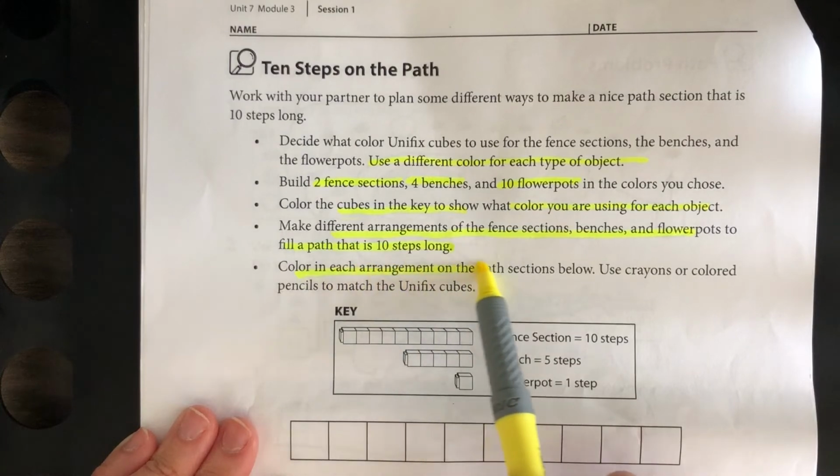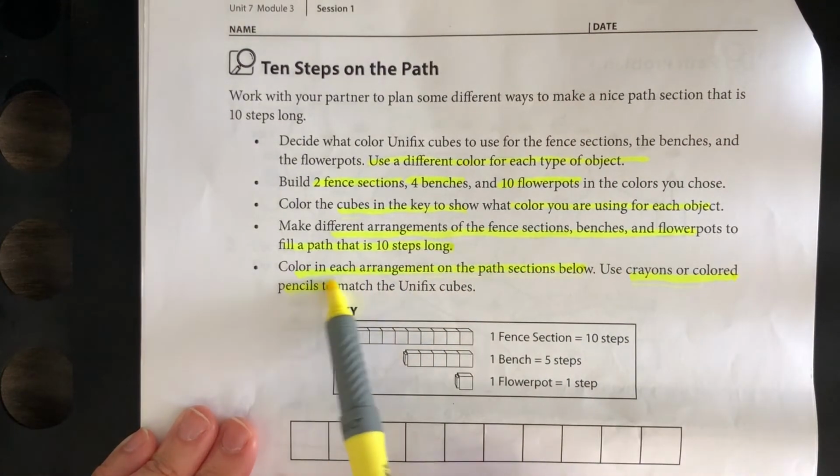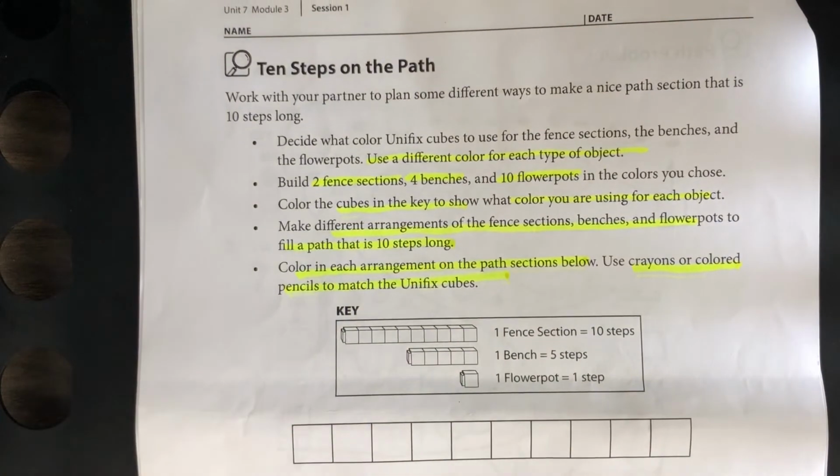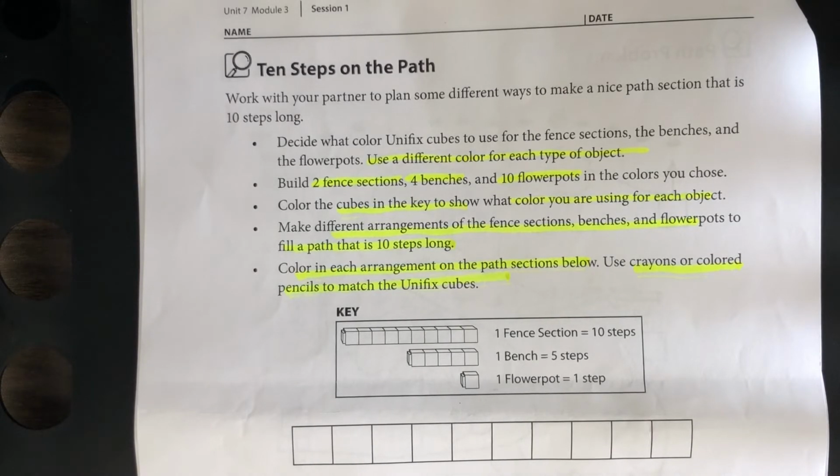And you're going to color each arrangement on the path selections below. Use crayons or color pencils to match the Unifix cubes. So I'm going to show you what that looks like. You don't have to make it look just like mine. Give me a second, let me grab my markers. Okay.